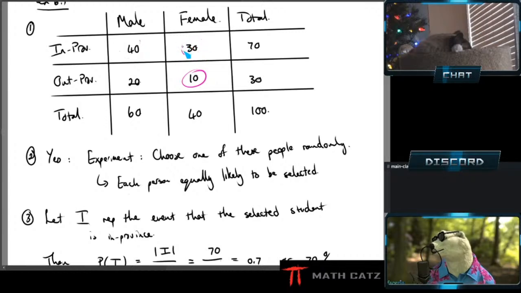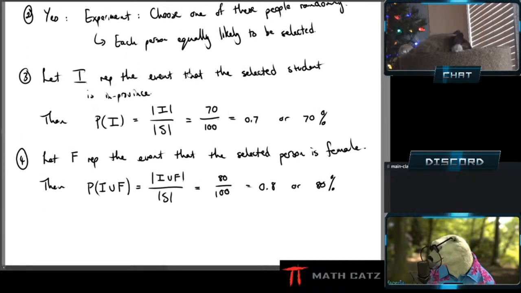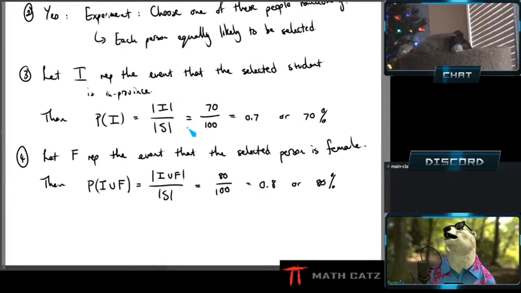And then someone asks me, what is the probability of being an in-province student or female? Yes, it feels more likely because I now have another female restriction that could also give me what I'm looking for. Feels more likely, doesn't it? How much more likely? A lot? A little? Is it close?